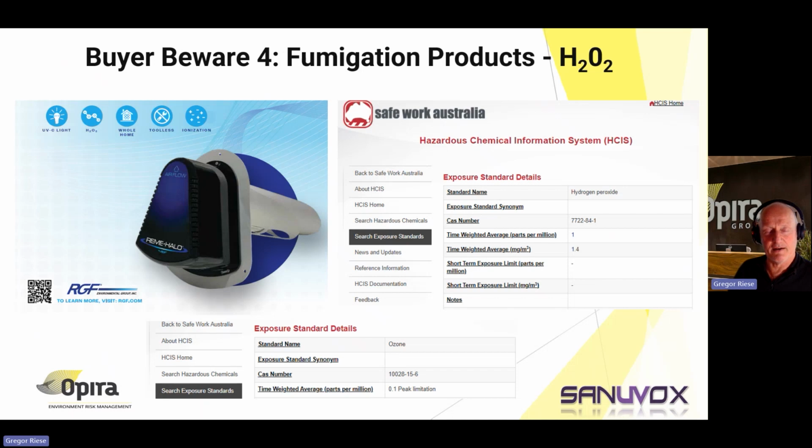The other thing, and this goes to the fourth box of the slide I showed earlier, fumigation products. This is a recent ERA trade night product being sold in Australia for the domestic market. It releases hydrogen peroxide into the breathing zone of occupied spaces.